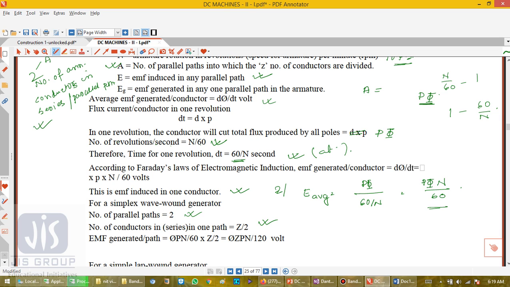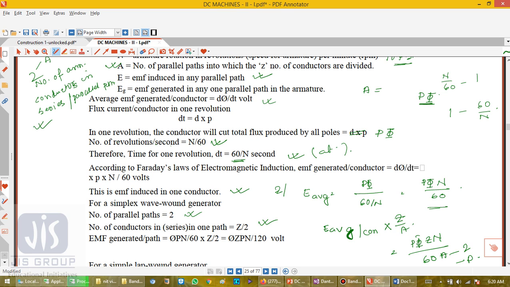The total generated voltage E equals E average per conductor times Z by A, so it becomes P phi Z n by 60A.